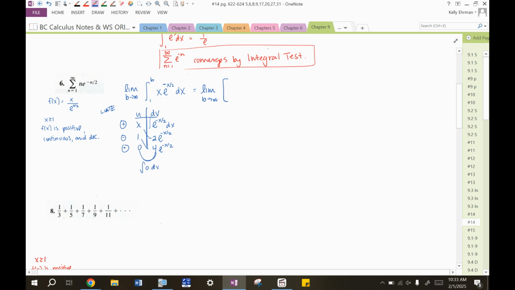So x times negative 2, so I'm going to make that negative 2x e to the negative x over 2, and then minus 1/4 e to the negative x over 2, evaluated from 1 to b. I'm going to rewrite my negative exponents as I plug in the values here.